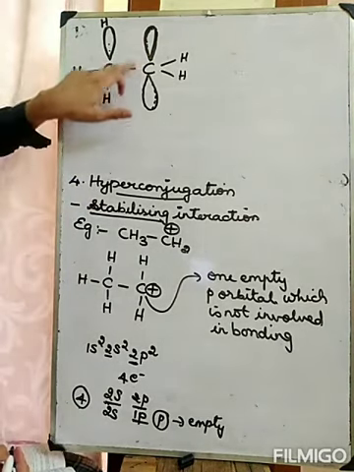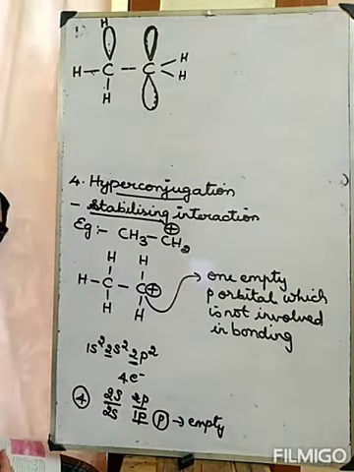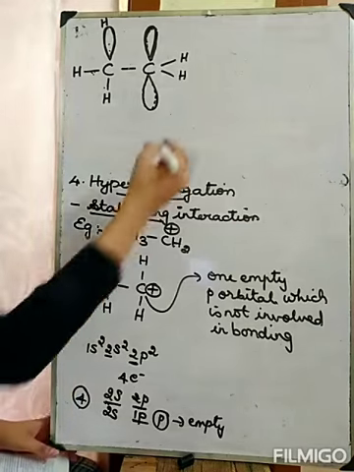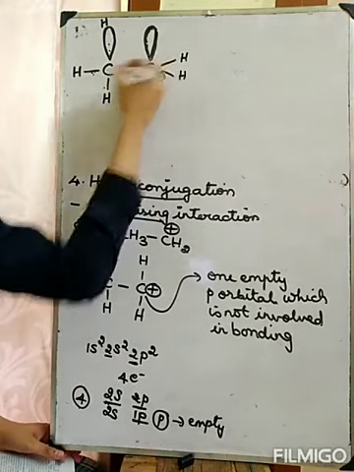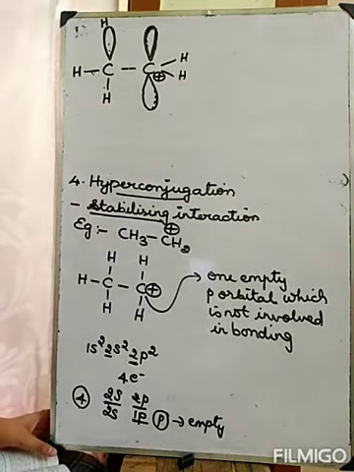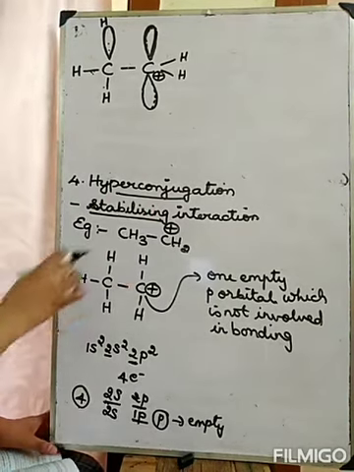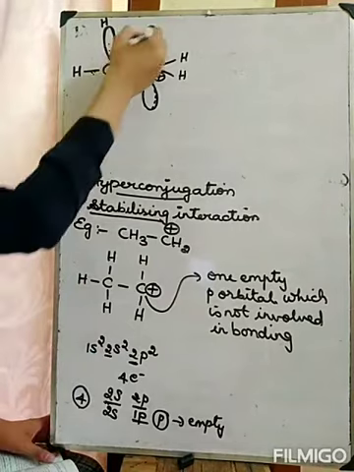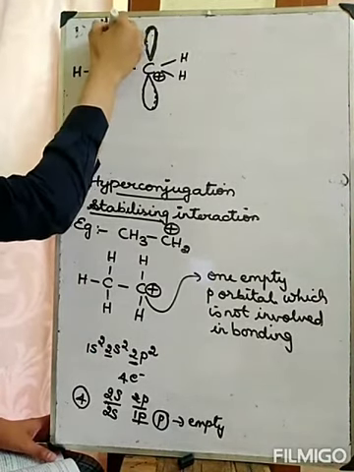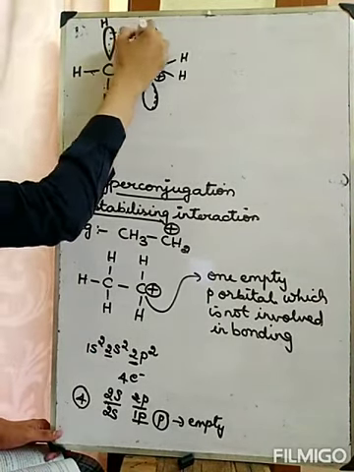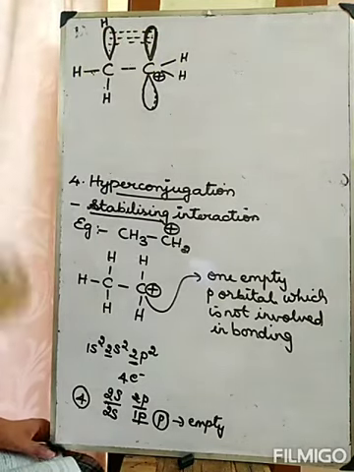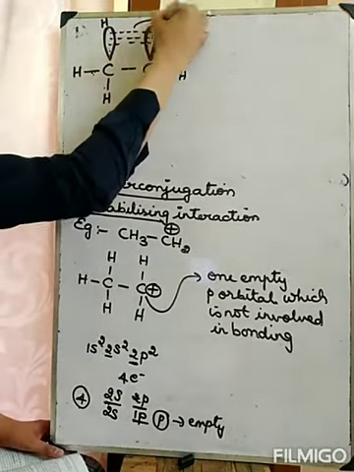And here this carbon is having one empty p orbital. And what is the charge of this carbon? Plus charge. Now how will this stabilization take place? This p orbital and this p orbital will overlap laterally. So what is this overlap called?